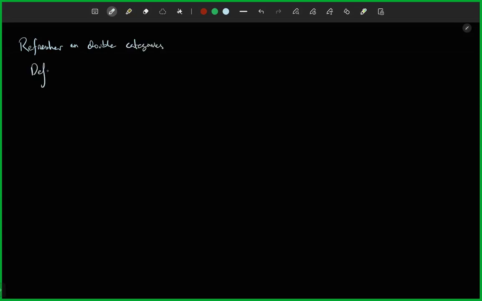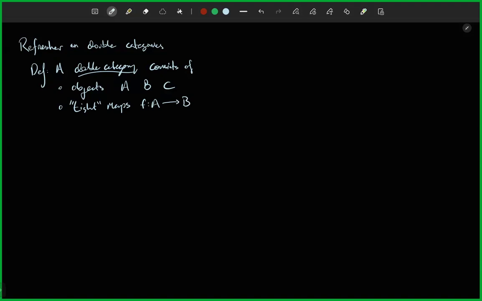A double category consists of objects, let's just say A, B, C; so-called tight maps, which I'll write with a solid arrow; so-called loose maps, which I'll write with a broken arrow; and then squares or cells.